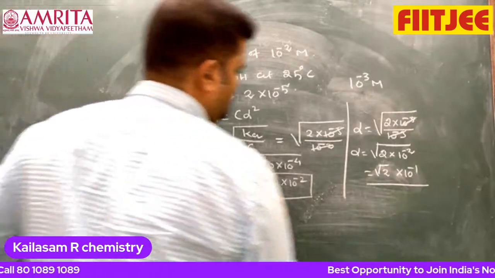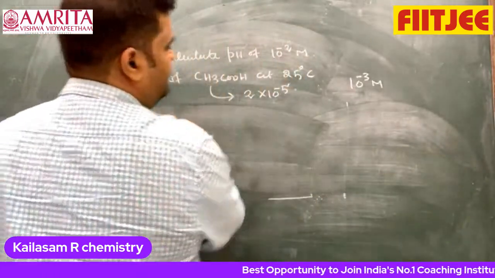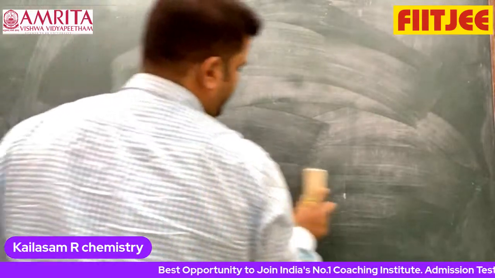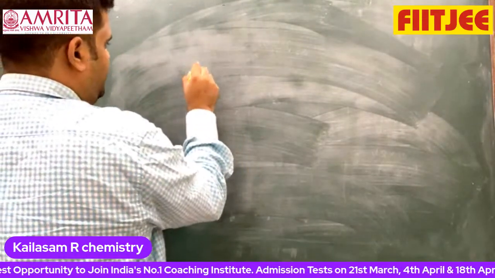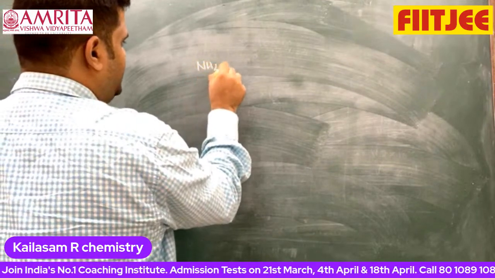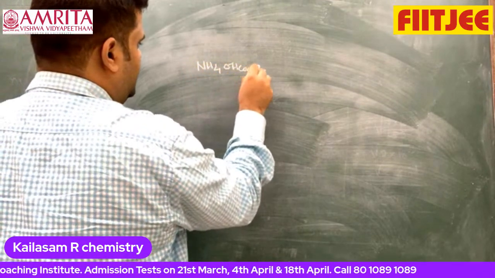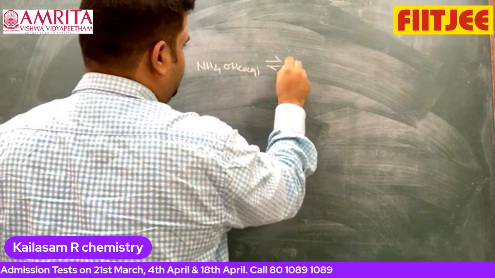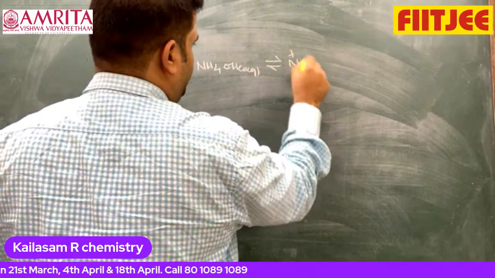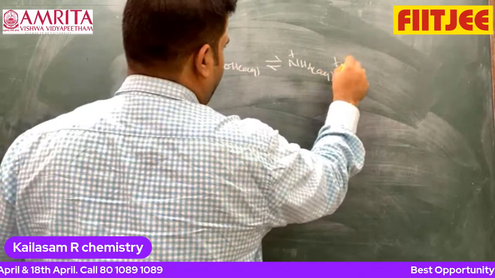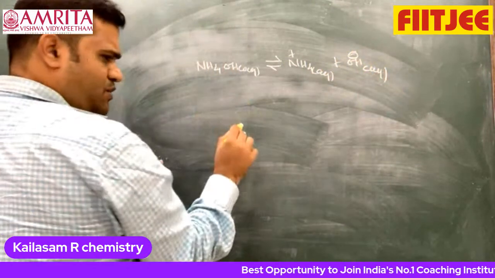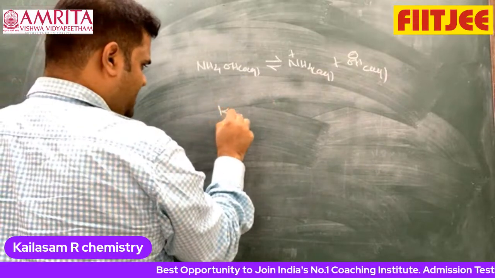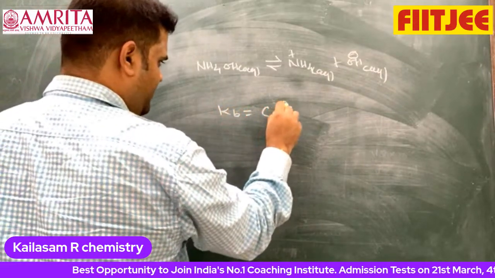Now please keep it in mind, same thing in the case of weak base. I'm taking NH4OH in aqueous, which gives NH4 plus aqueous plus OH minus aqueous. Same logic, same thing. We get Kb equal to C alpha squared.